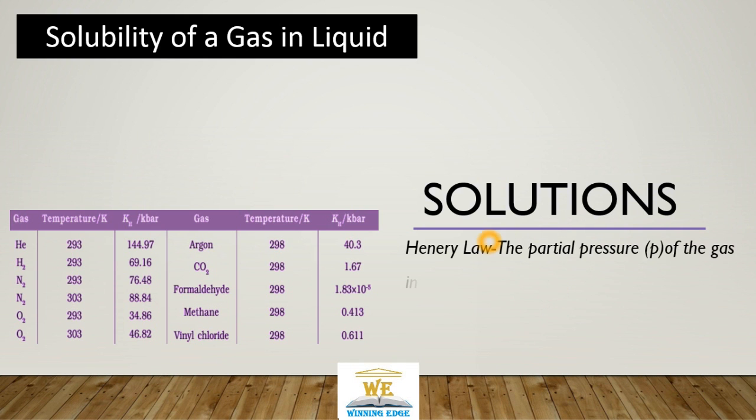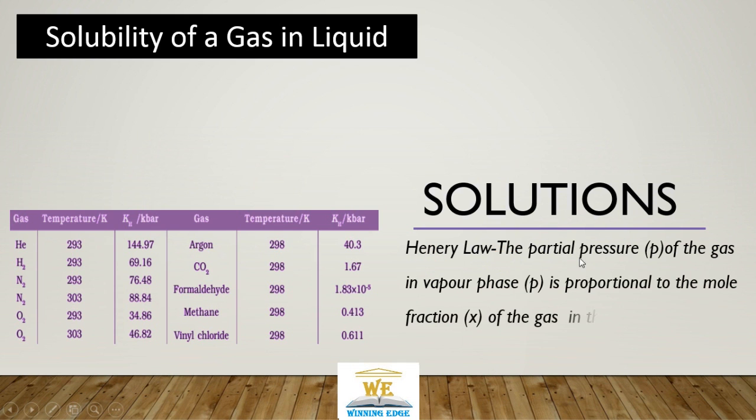Here is a systematic law to explain the solubility of gases in liquid. The partial pressure of a gas in vapor phase is proportional to the mole fraction of the gas in solution.